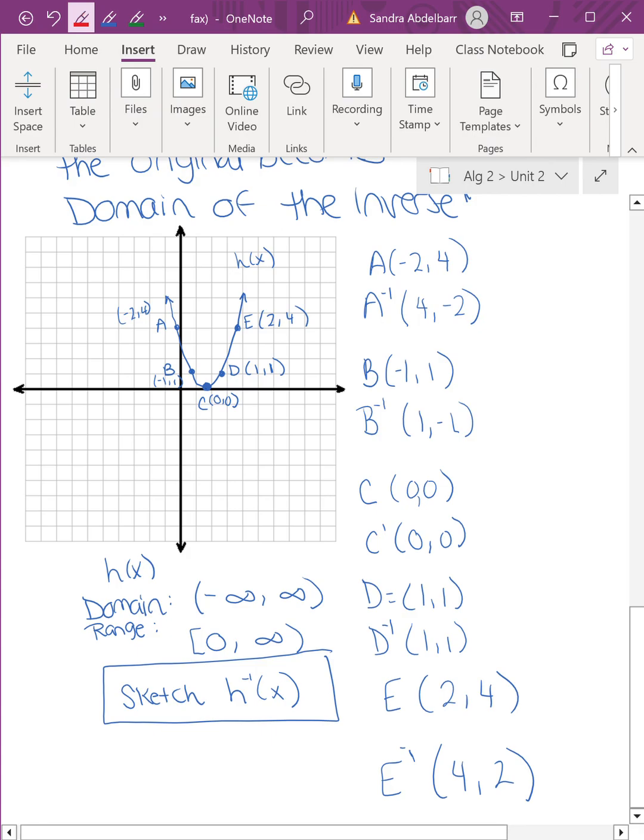A is 4, negative 2. 1, 2, 3, 4, 1, 2. So there's our inverse of A. And then our inverse of B, where are we at? 1, negative 1. And our inverse of C is still 0, 0.